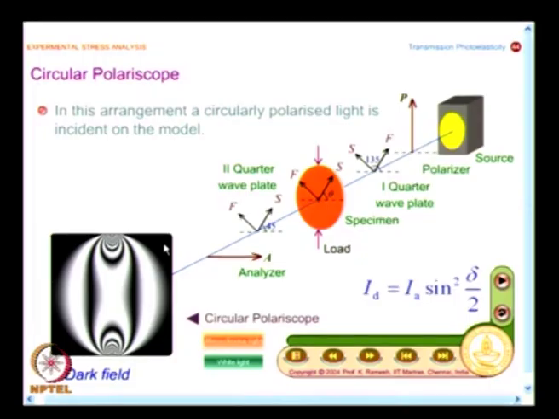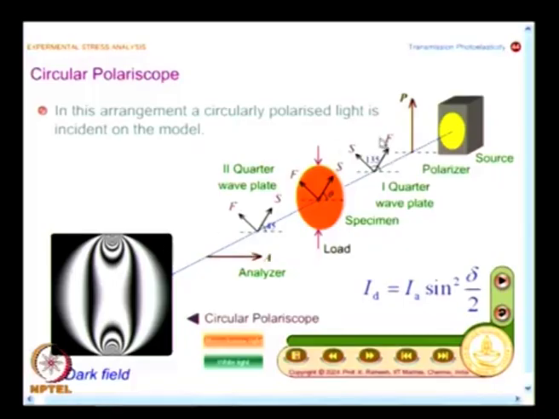And I said in the last class, you can analyze the trace of light passing through the model in a circular polariscope using trigonometric resolution, and I said you have element number 1, element number 2, and the model. Whenever you have a quarter wave plate or a specimen, you will have to consider the incident plane as well as the exit plane.